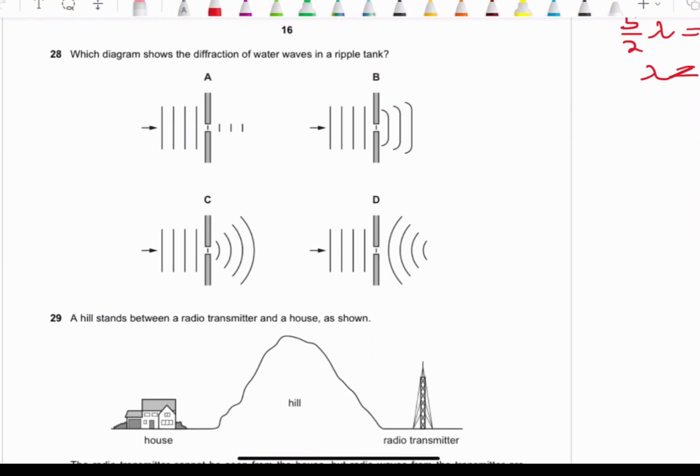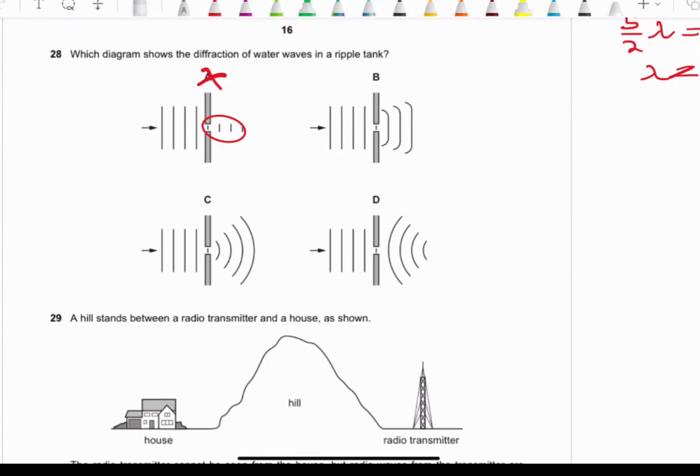Which diagram shows diffraction of water waves in a ripple tank? A is not diffraction. Diffraction is the spreading of waves into the geometric shadow. How is this diffraction? The wave is just getting smaller as it enters through. It doesn't make sense. It can't be A. B, this only happens if the gap is very, very big, right?